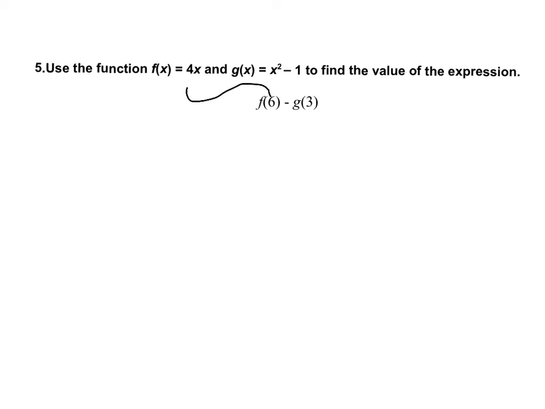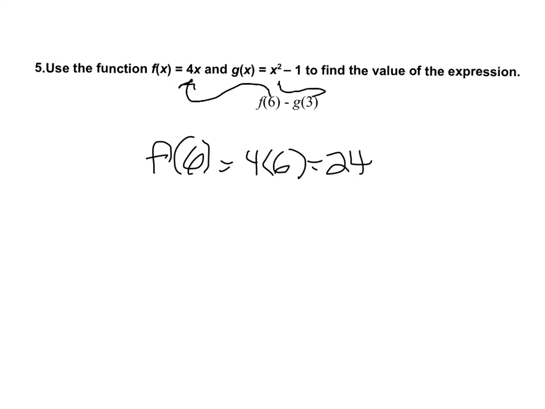So let's take 6 and put it in for x. So I'm going to take f of 6, and I'm going to get 4 times 6, which is 24.